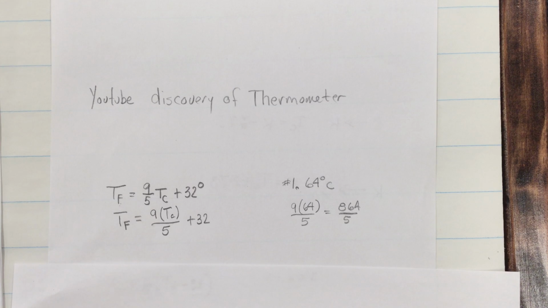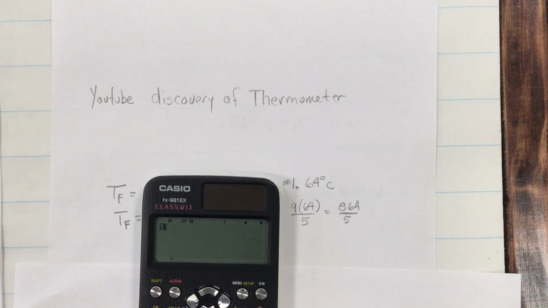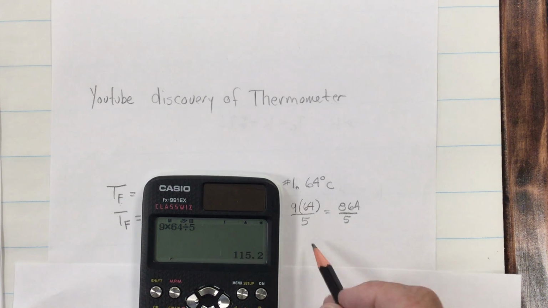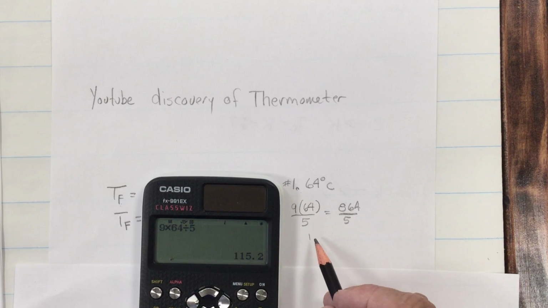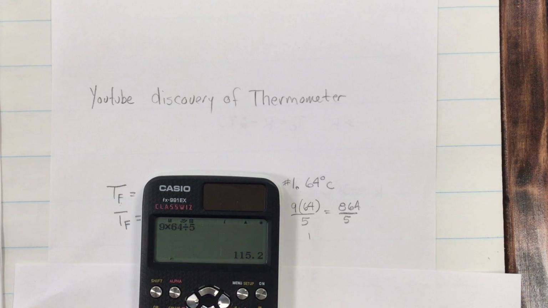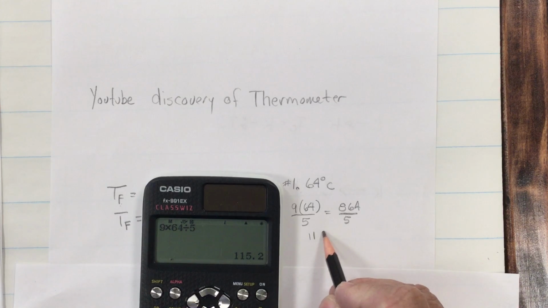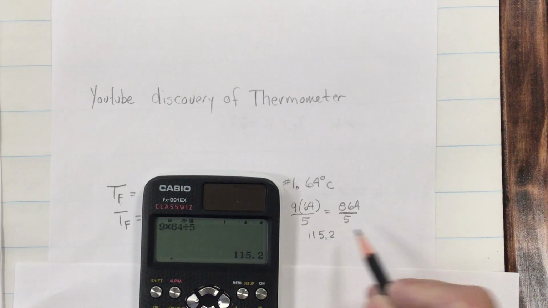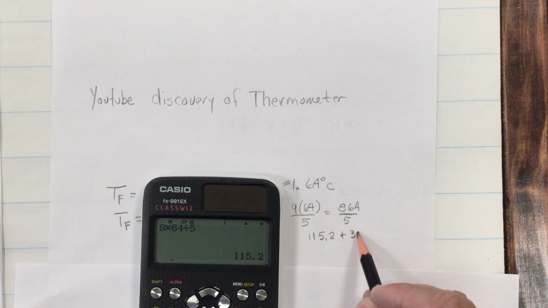I'll put my calculator up here so we can see. So we have 9 times 64 divided by 5 equals 115.2, and then we add that to 32.